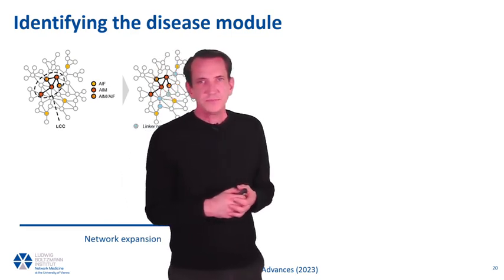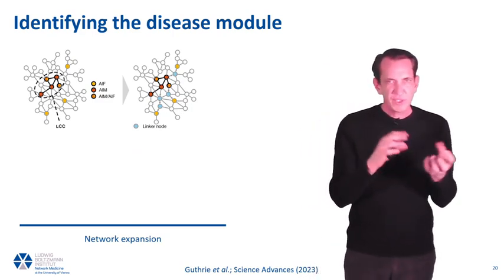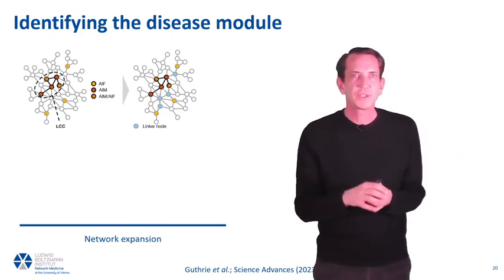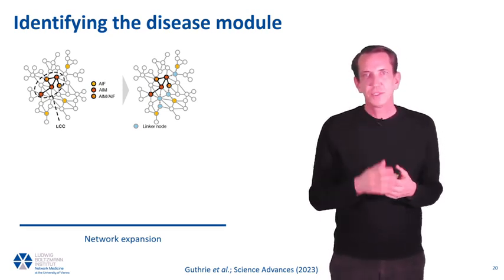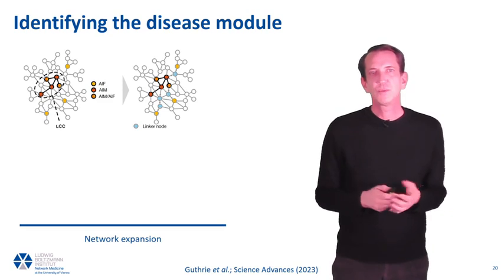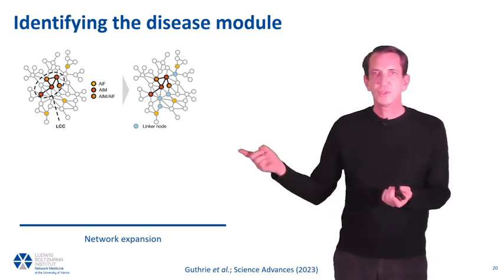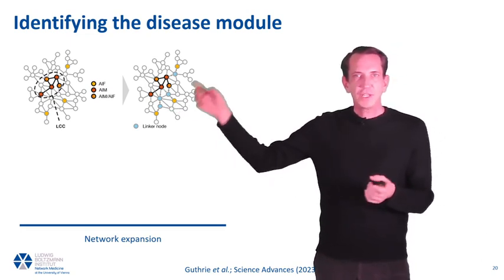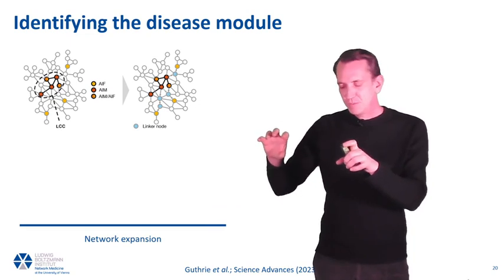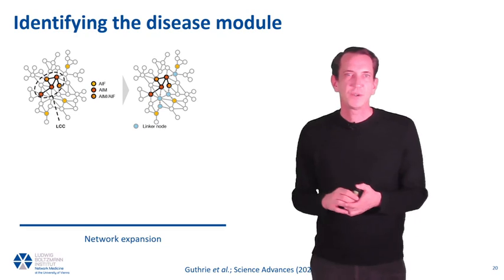So the next thing that one would typically do is, starting from this seed cluster of the largest connected component, identify the larger network neighborhood that represents this disease, and that is what we would call a disease module. We want to identify those linker genes, here indicated in blue, that actually connect the different still disconnected components outside of the largest connected component.